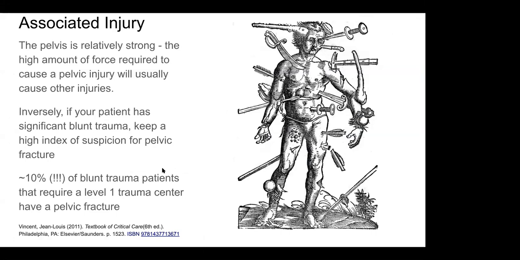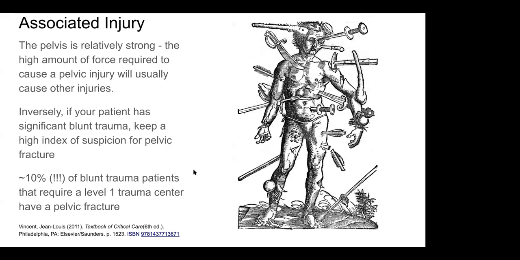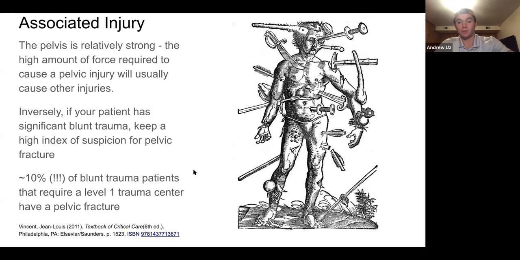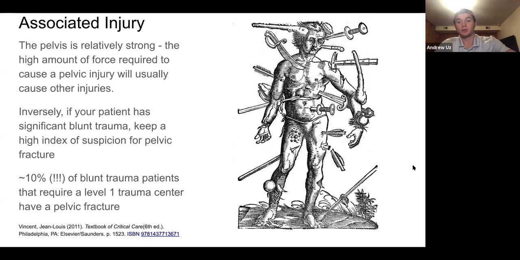Meaning, if we take 10 patients to MedStar, chances are at least one of them has a pelvic fracture. So it's important to remember that the pelvis can get injured in these gnarly, gruesome types of big trauma calls that we run, like car wrecks.